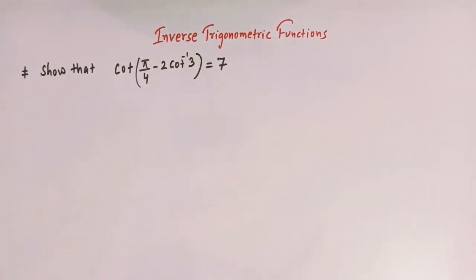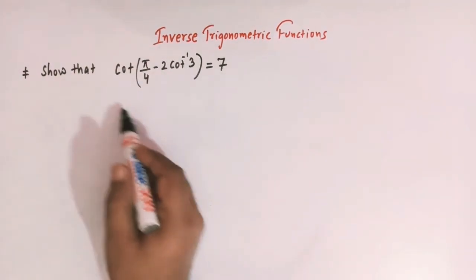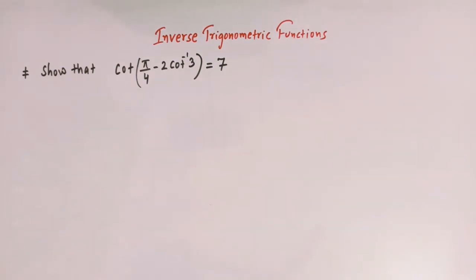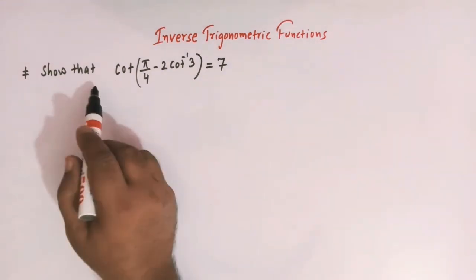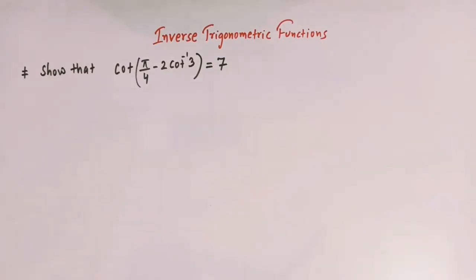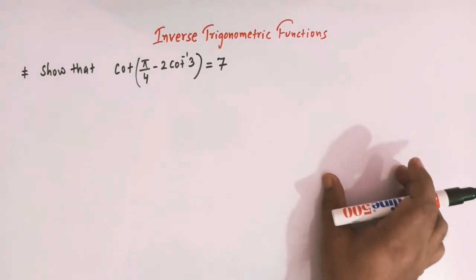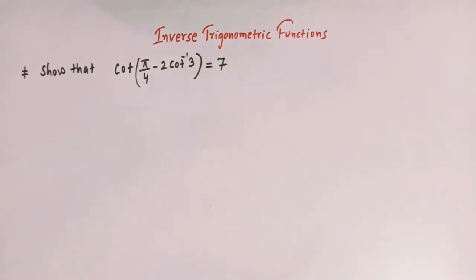This is a very interesting problem because here we are going to apply three important formulas from inverse trigonometric functions to arrive at this result. So let us start, but before proving this problem, let us first see the formulas which we are going to use.